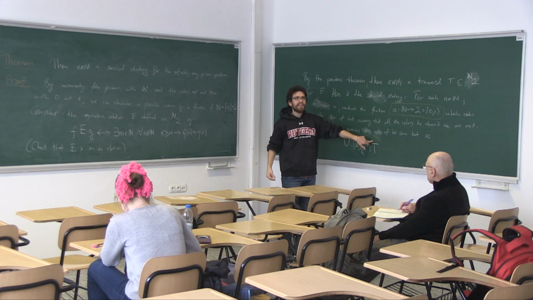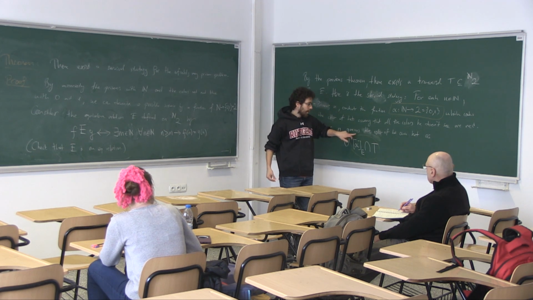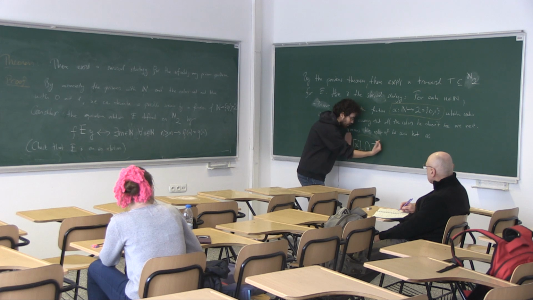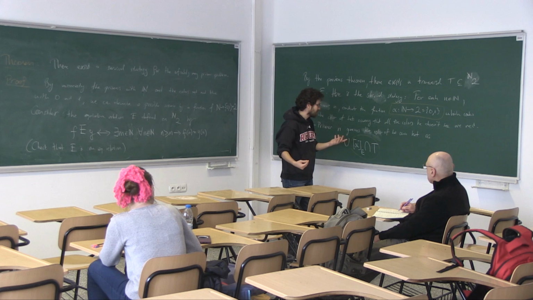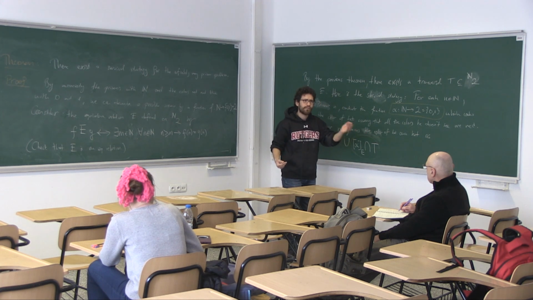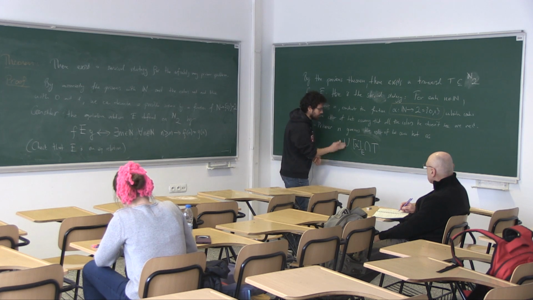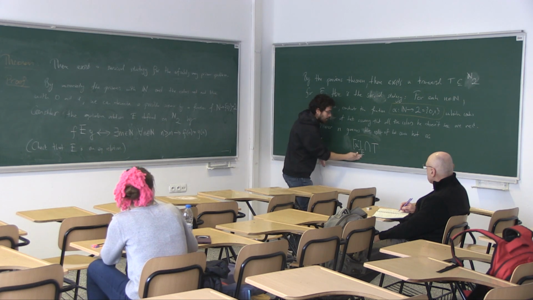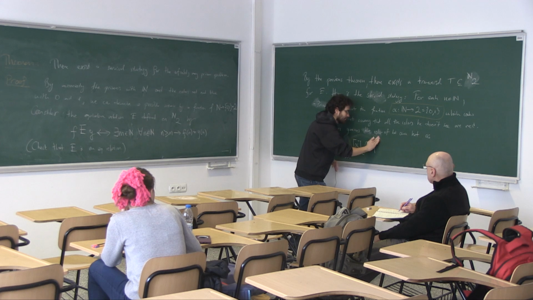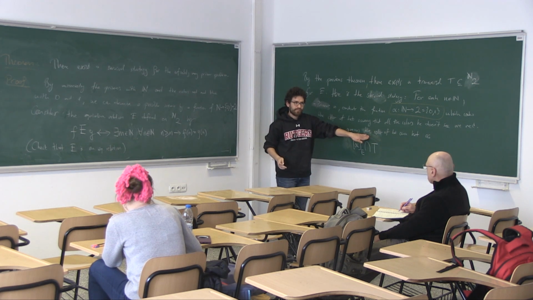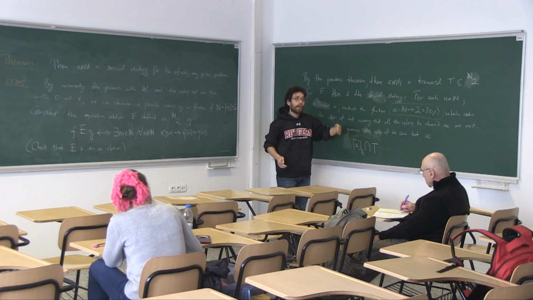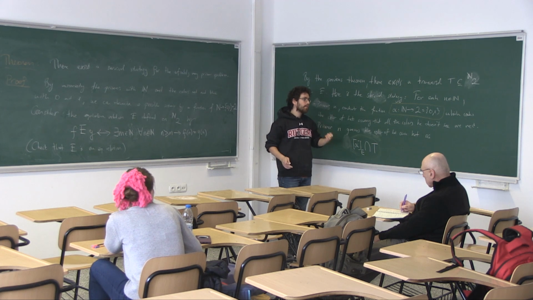My transversal intersects it somewhere. I look at the intersection, which consists of a single element. Sorry, I'm not making sense. It's not either 0 or 1. This is a function. I'm supposed to evaluate this. Now, I guess the color of my own hat according to this.